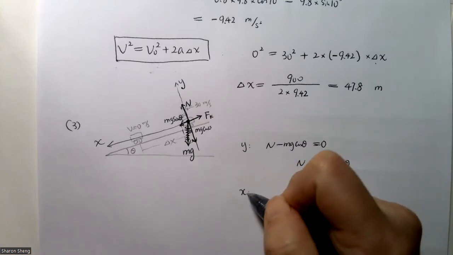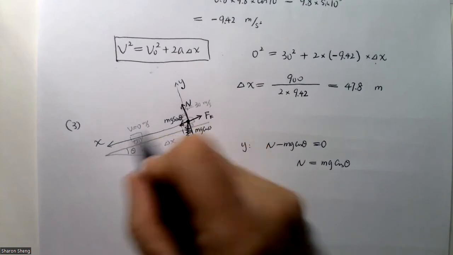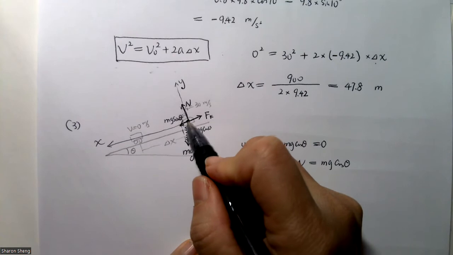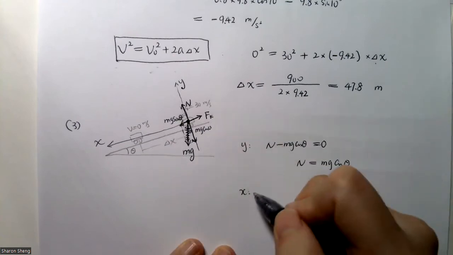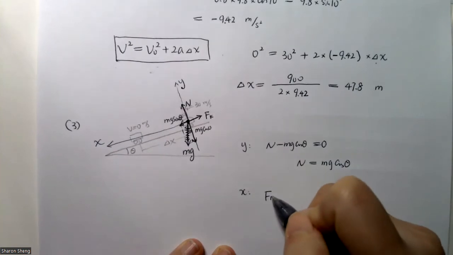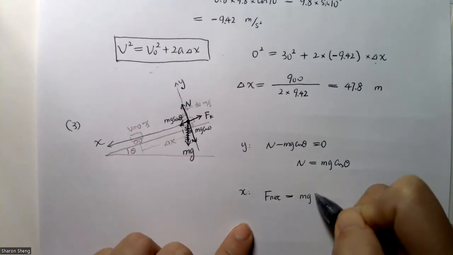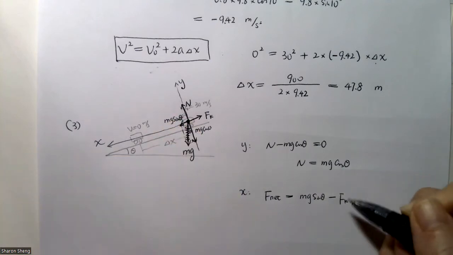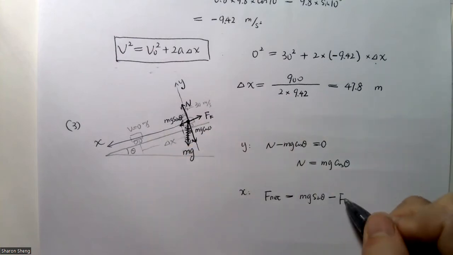Then we look at along x direction. Remember, my positive x direction is pointing downward. So look at the force. mg sine theta is along positive x direction. So along x direction, the net force equals mg sine theta minus Fk, because Fk is opposite to the x. It has to be minus.